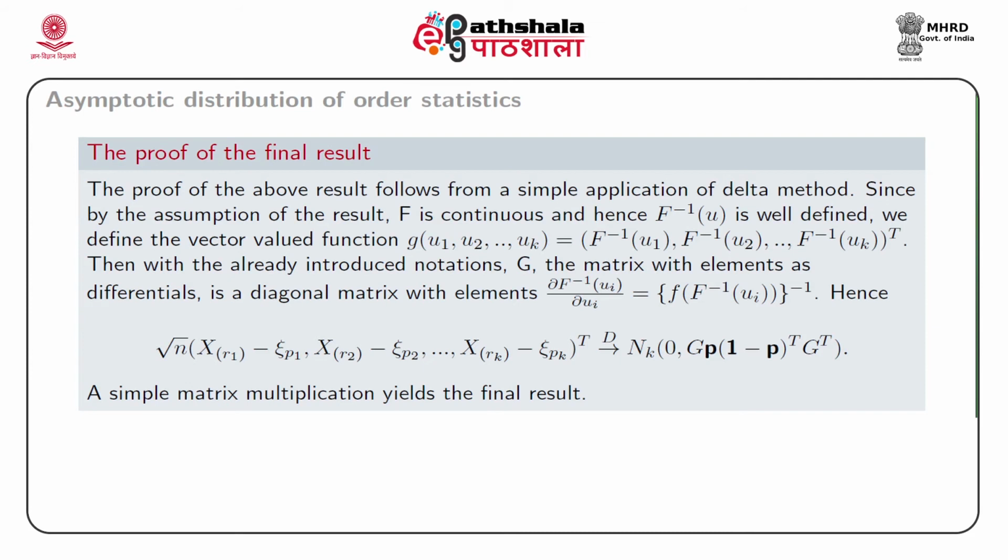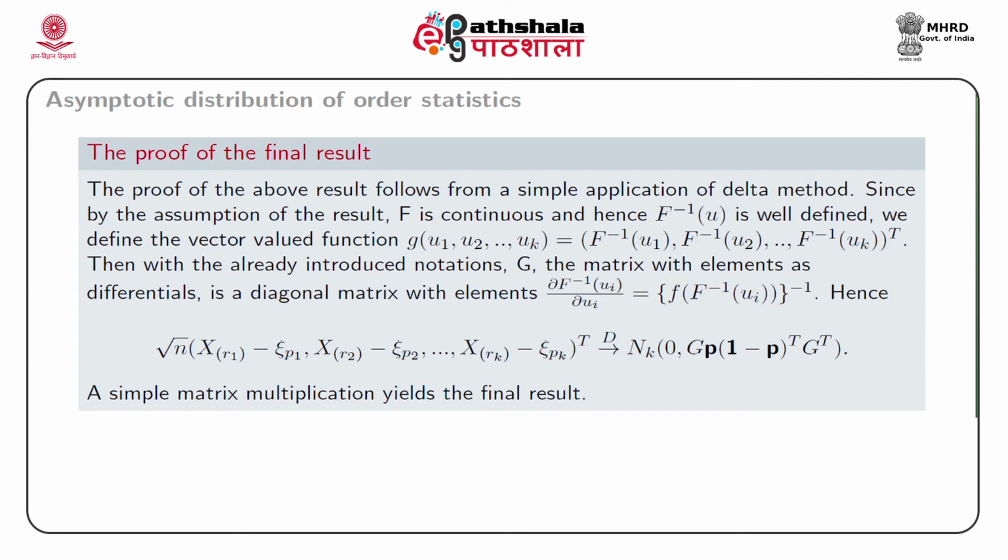Therefore, we get the asymptotic joint distribution of x ordered R1, x ordered R2 and x ordered Rk as k-variate normal with the desired form of dispersion matrix, and we get our result.